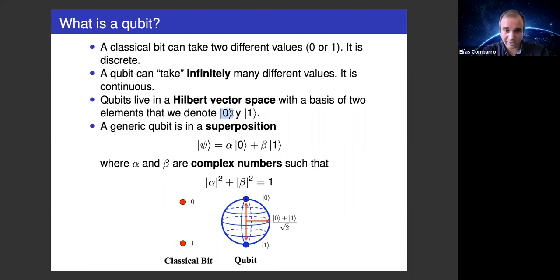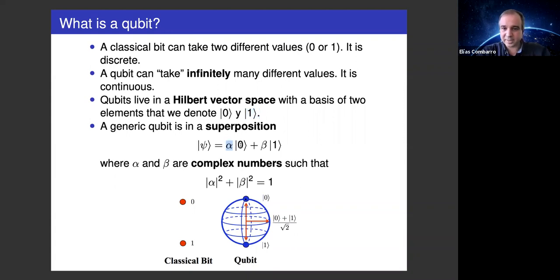This is what we call a ket, and it's nothing else than just a vector. So we have an orthonormal basis here, with one of the elements of the basis being this 0 and the other element of the basis being this 1. And a general qubit can be in a state which is a linear combination of these two elements of the basis, with just one restriction.